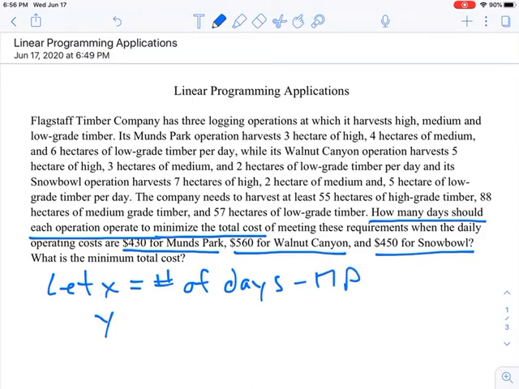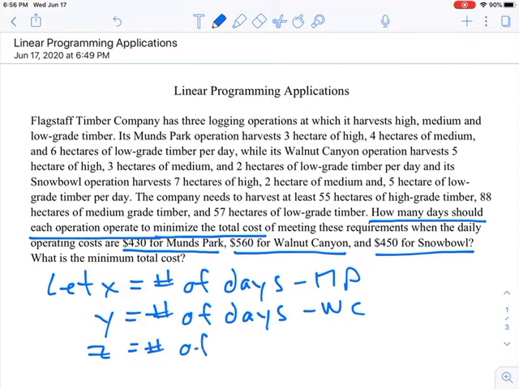Let's let y be equal to the number of days for Walnut Canyon. And then if we let z be equal to the number of days that they're operating for Snowbowl. So those are my variables.